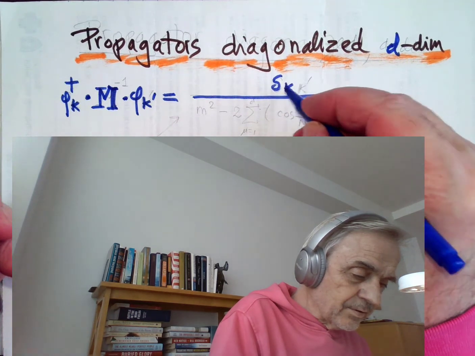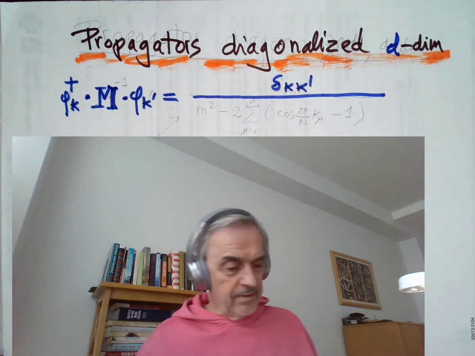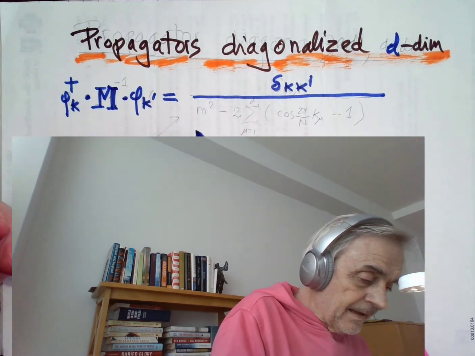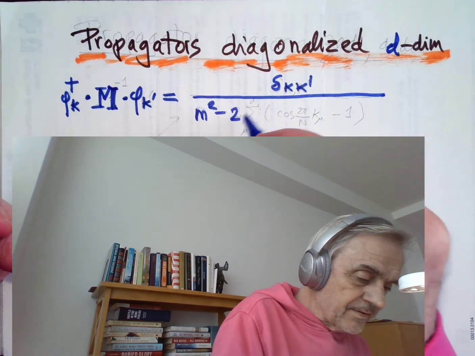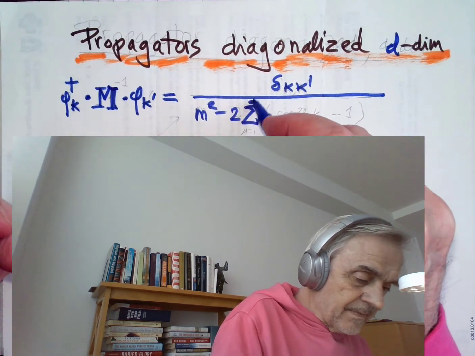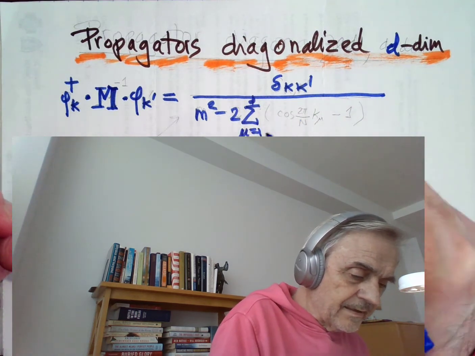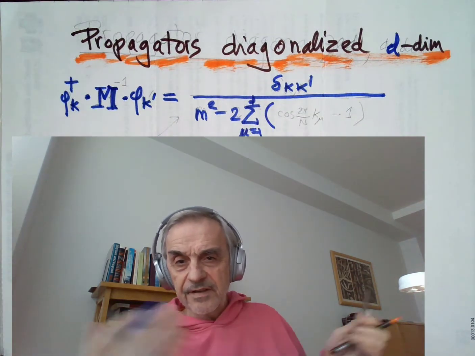So there's a Kronecker delta saying I have a non-zero entry only on the diagonal, where these two are the same. And then there's just a function which replaces, in every dimension, so it doesn't matter how many dimensions I have, those translation operators.